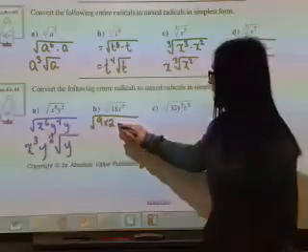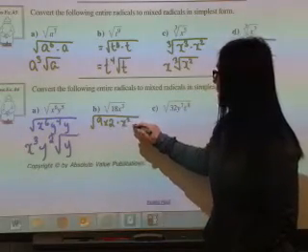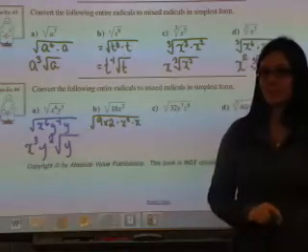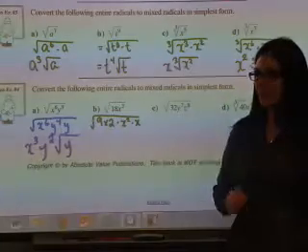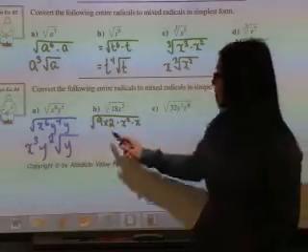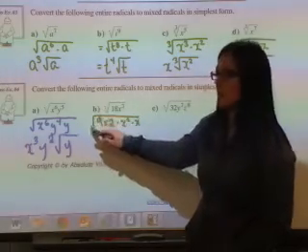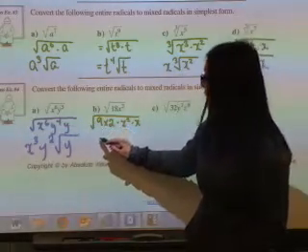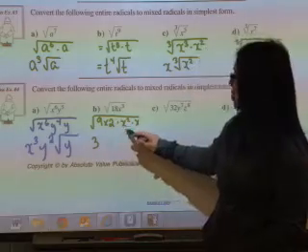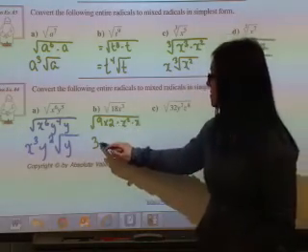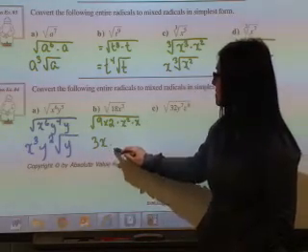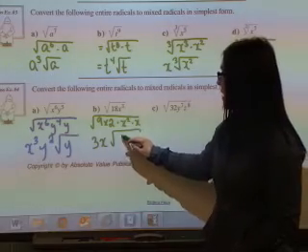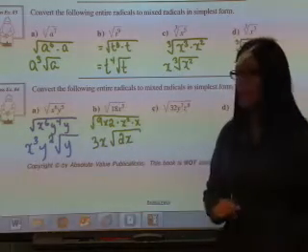I have to split it into x squared and x. And then I go through. Can I take the square root of 9? I get 3. Square root of x squared, I get x. And then I'm left with a 2x.